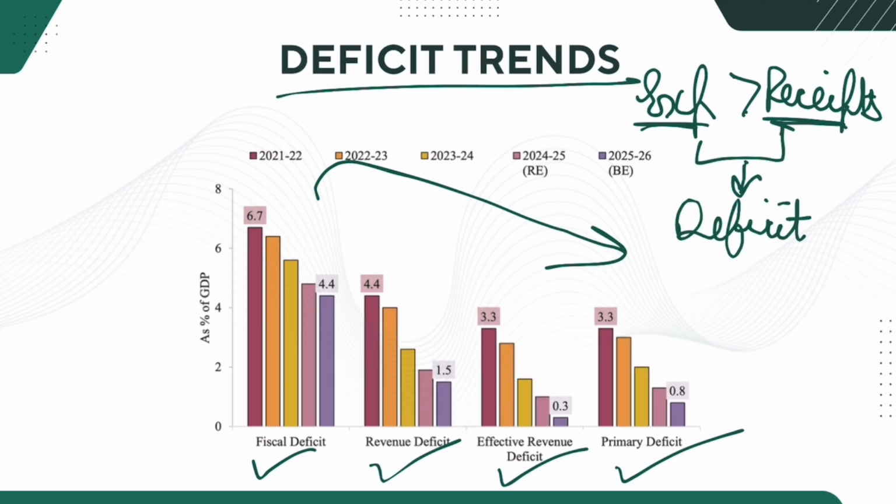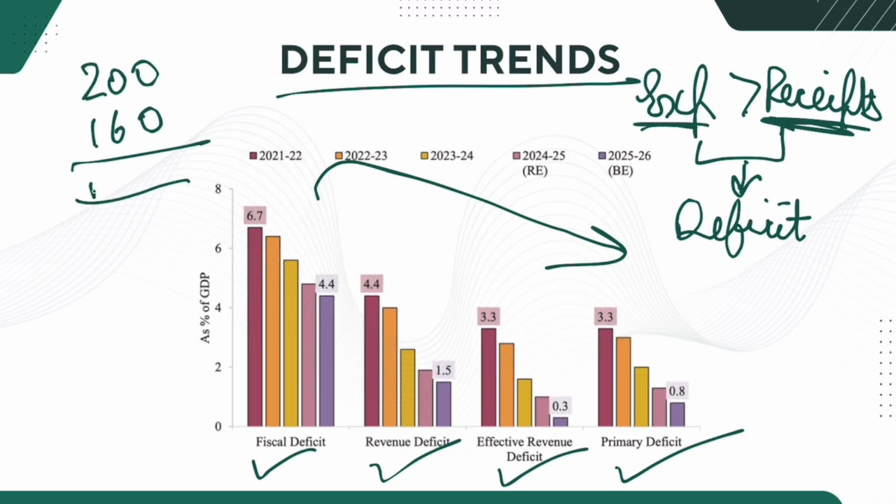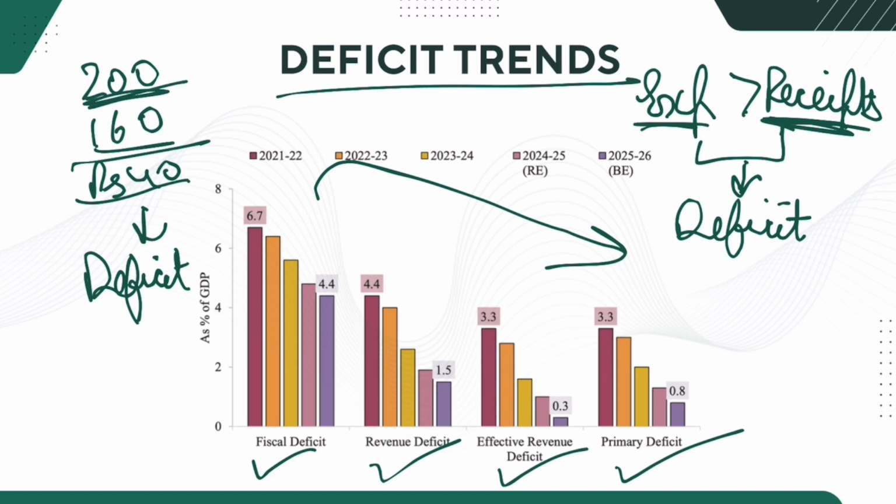That means you're spending more than you are earning. If you're spending around 200 and you're earning around 160, then this 40 rupees is your deficit. And where do you get this extra 40 to spend? If you're earning only 160, then where does this extra 40 come from? Well, you have to borrow it.